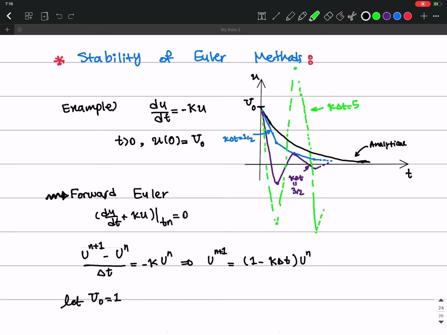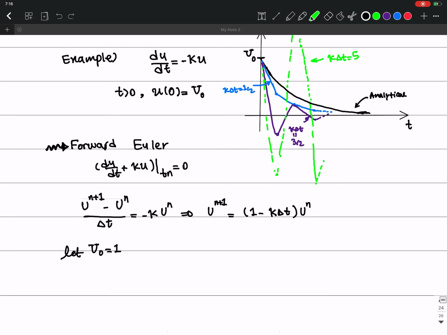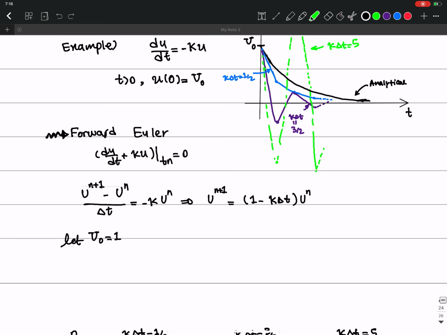For example, if your kappa delta t is small, you're going to gradually converge to the analytical solution, while if your delta t is large, for example this green one, your numerical solutions might blow up, right?